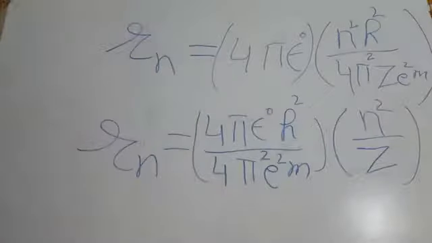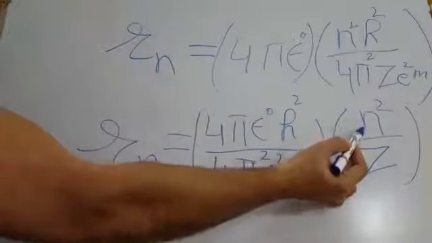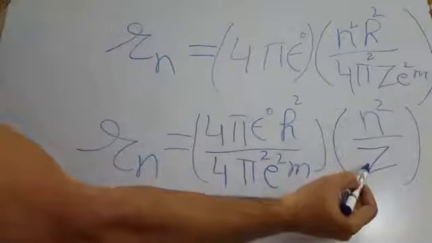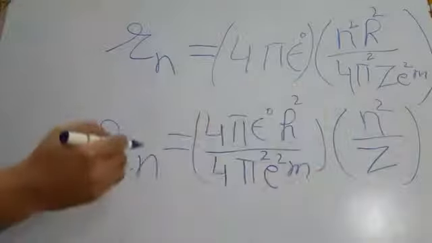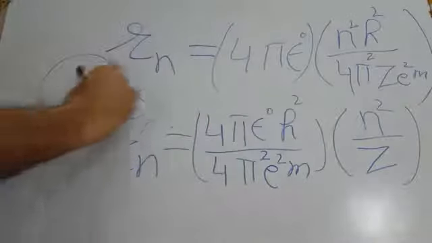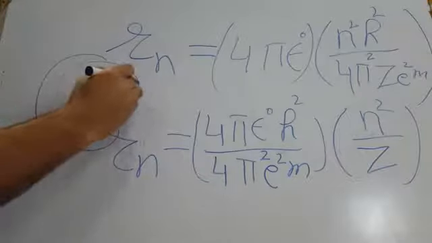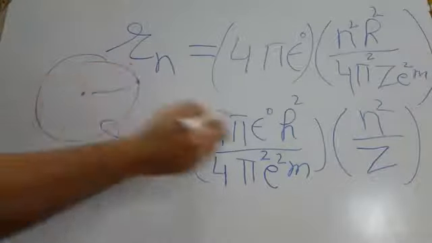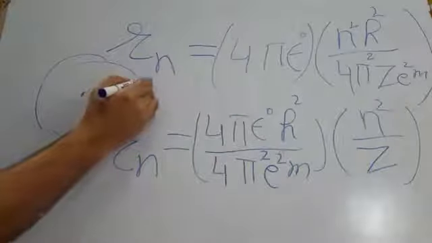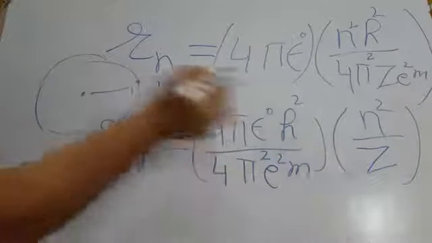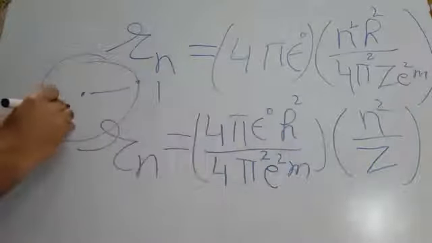This is Rn. If we take n as 1 and Z also 1, what does that mean? n equal to 1 means the first orbit, Z equal to 1 means hydrogen.